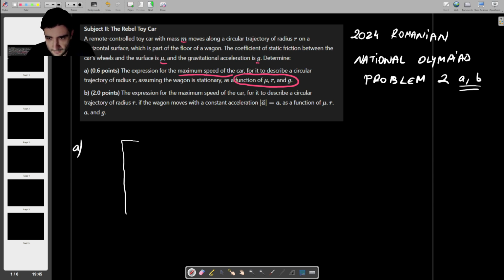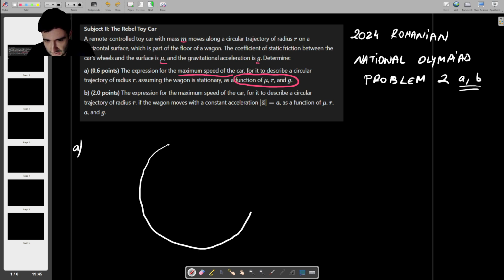So I'm gonna draw a circle. I'll try to draw a circle. And this circle is going to be essentially the path of the rebel toy car.